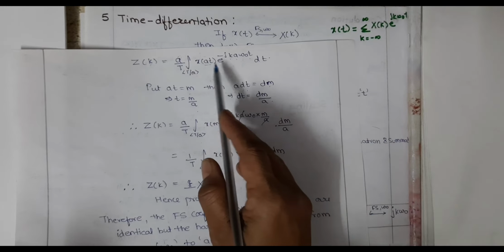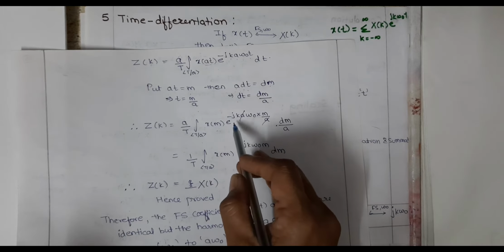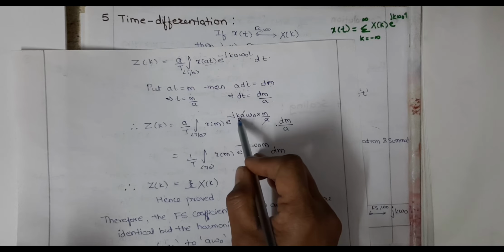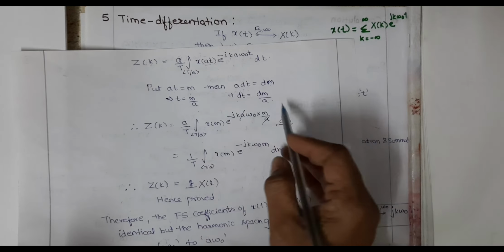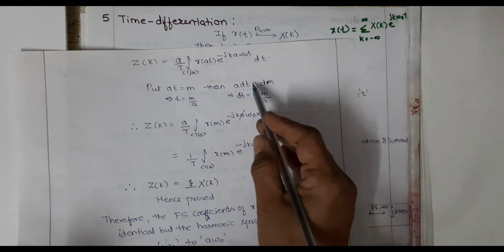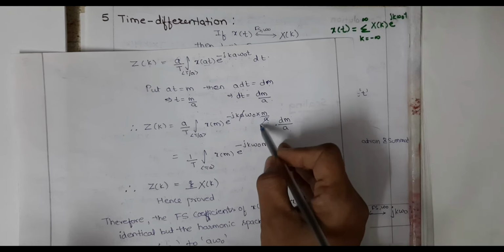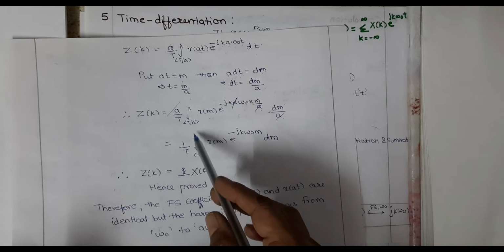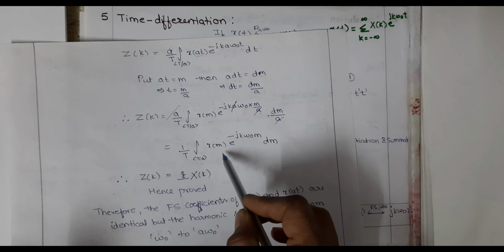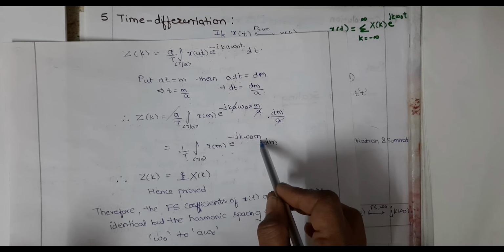Substituting all this here, in place of at you will substitute m, and here e raised to minus j k a omega naught, in place of t we will substitute m by a, in place of dt, we'll substitute dm by a. If you take this a and this a, they get cancelled, and this a and this a get cancelled, you'll have 1 by t integration t by a x of m e raised to minus j k omega naught into m dm.